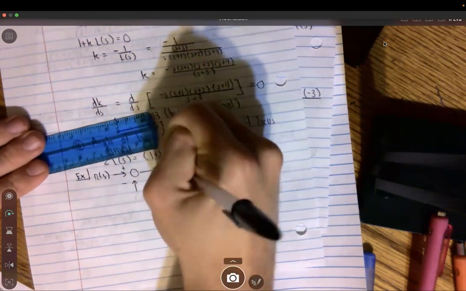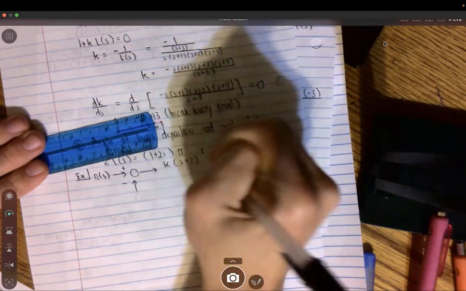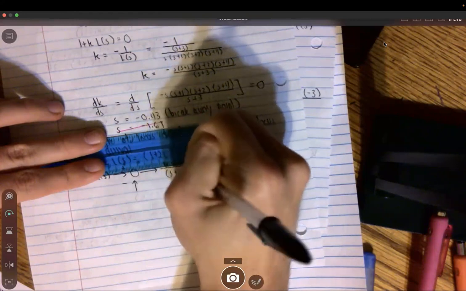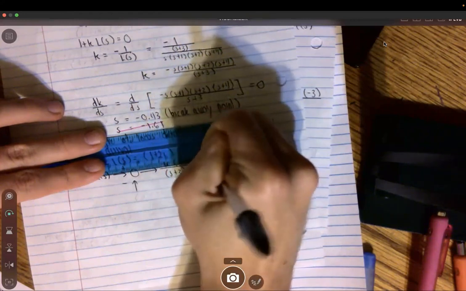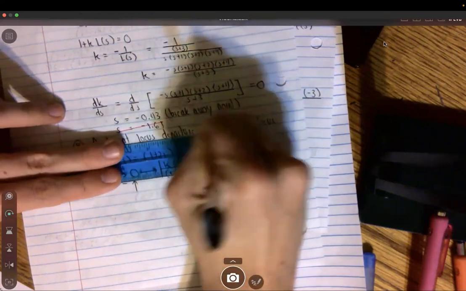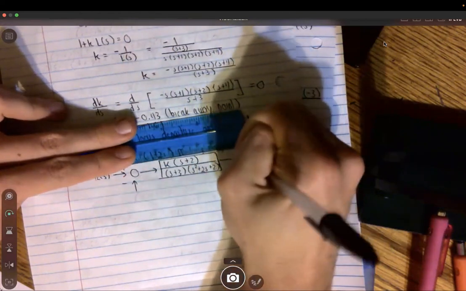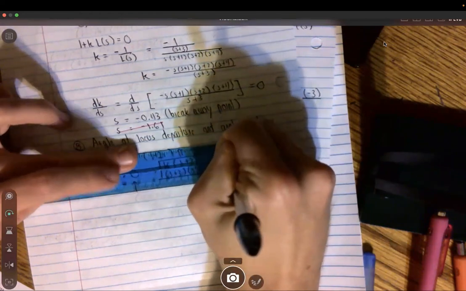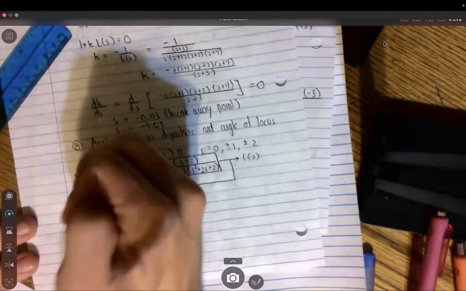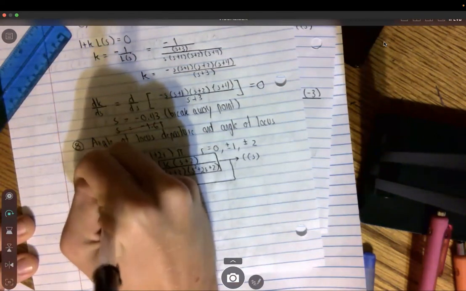They gave us K multiplied by the G of s already: s plus 3 over s squared plus 2s plus 2, and then we have our output C of s. What we can determine from here is that they ask us to sketch the root locus. That was the direction: sketch the root locus.